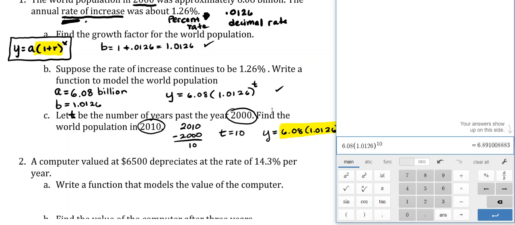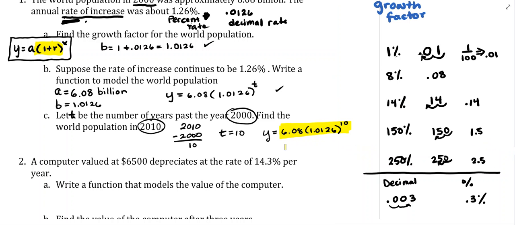All right, since they gave me 6.08 billion as the starting point, I'm going to take this number with 2 decimal points. 6.89, since it's followed by a 1, it's just going to stay at 6.89. So after 10 years, we will have the world population of 6.89 billion.